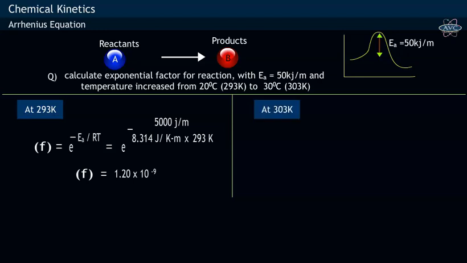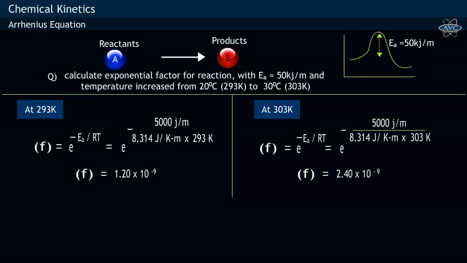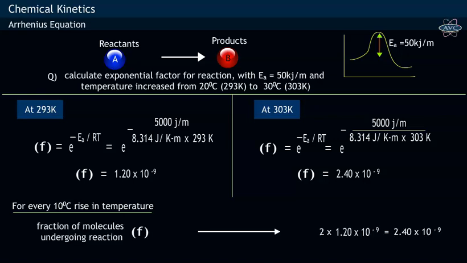Similarly, the fractional value at 300 Kelvin on calculation equals 2.40 into 10 to the power of minus 9. From these two values, it is clear that for every 10 degrees rise in temperature, the fraction of molecules undergoing the reaction is doubled.